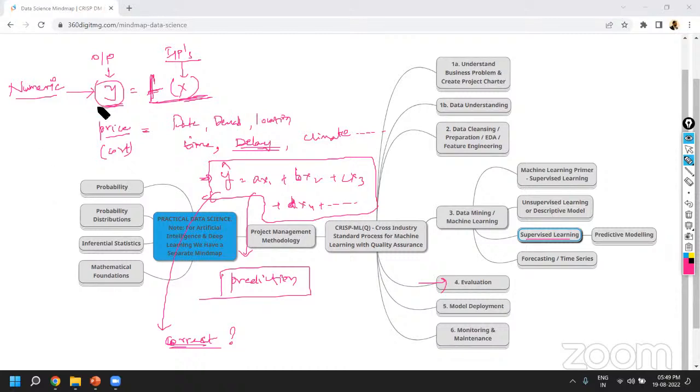But what if the value is a non-numeric case? Whether the product will get sold or not in the first place, right? So this is also something that we might want to look at. Non-numeric case, yes or no, binary scenario. Or for example, the quality: we have to identify the quality of the product given various constraints.